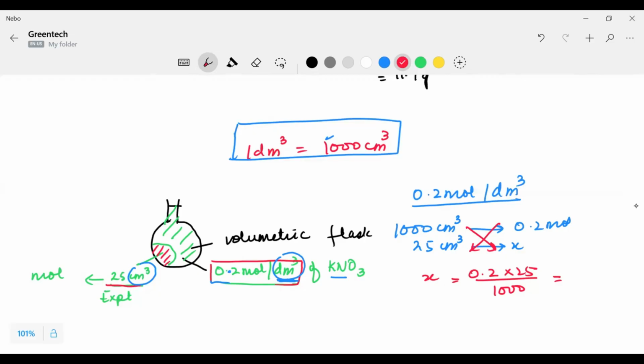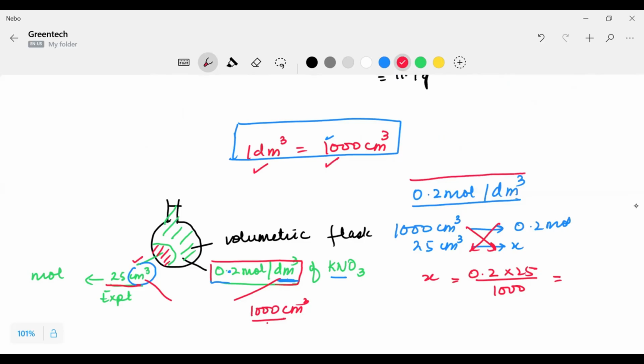Basically, we always have to take the same unit. We can't have one unit as cm cube and another as dm cube. So we are converting this dm cube into 1000 cm cube in order to have the same unit. Am I right? It means the same thing whether you take 1 dm cube or 1000 cm cube.